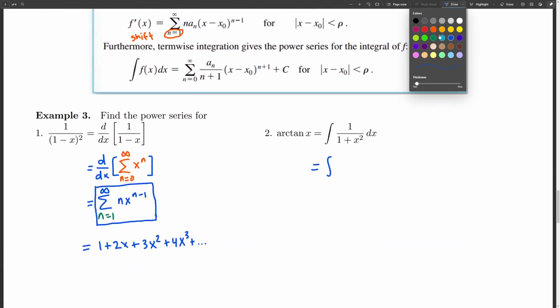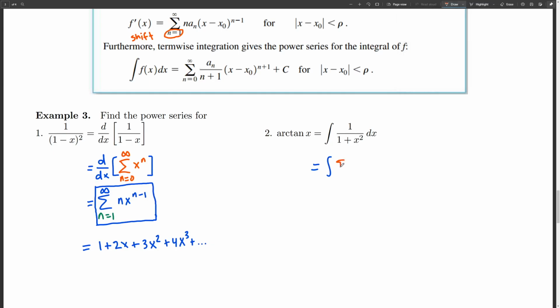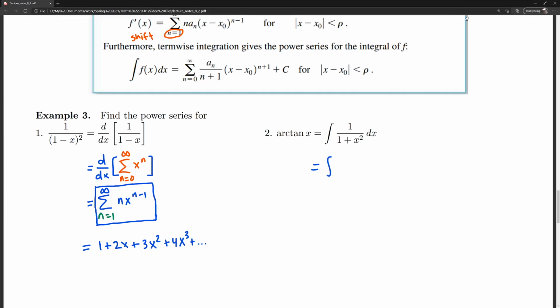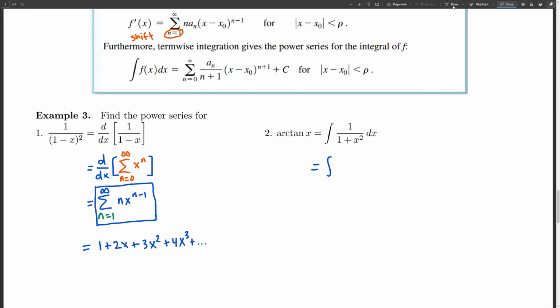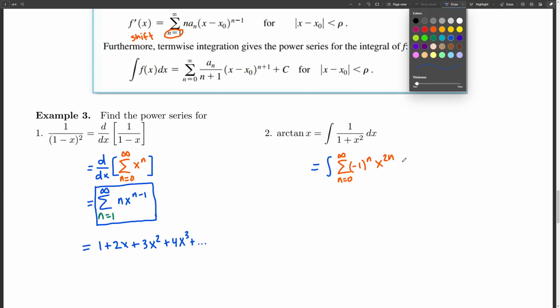So let's write that out. So it's the sum of n equals 0 to infinity of negative 1 to the power n times x to the power 2n, and then dx.